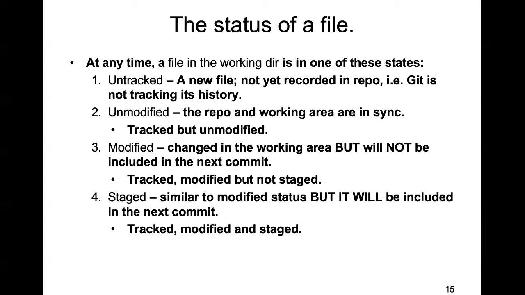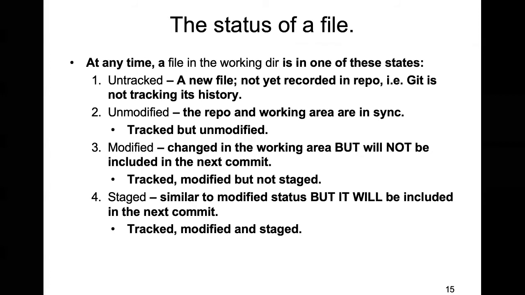Number three is you have a file, you have committed it in an earlier commit to the repository, but you have modified it since and you haven't committed those modifications to the repository, then from Git's perspective, that file is in a modified state. And the fourth one then is always kind of the odd one out.